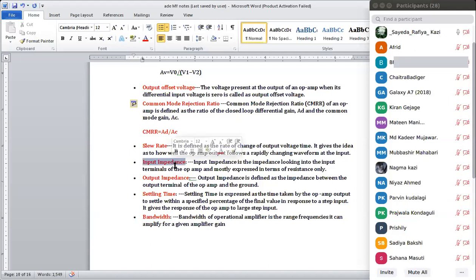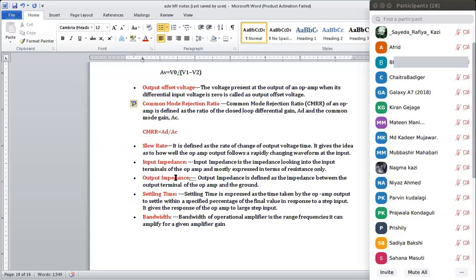So this input impedance is present at the input terminals. Whatever input signal is given to the inverting or non-inverting terminal, at that particular point there will always be some impedance present. Then the output impedance is the impedance between the output terminal and ground.